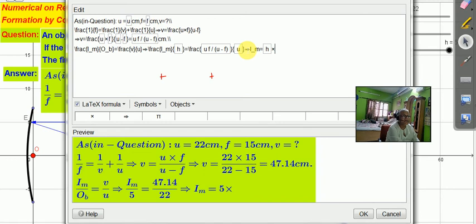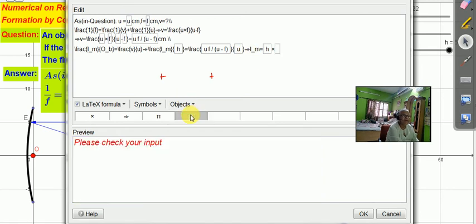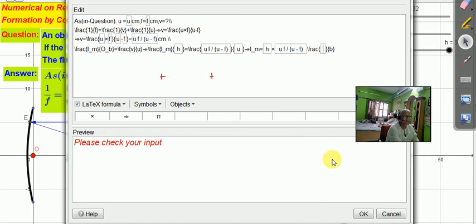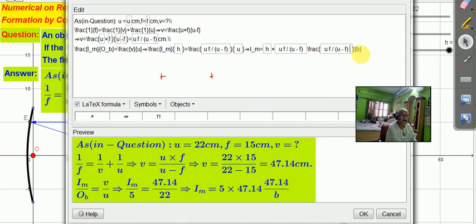So it is 5 into this much, divided by u.